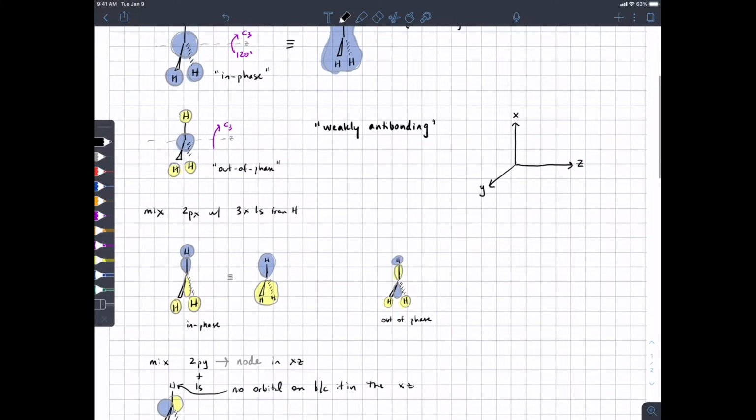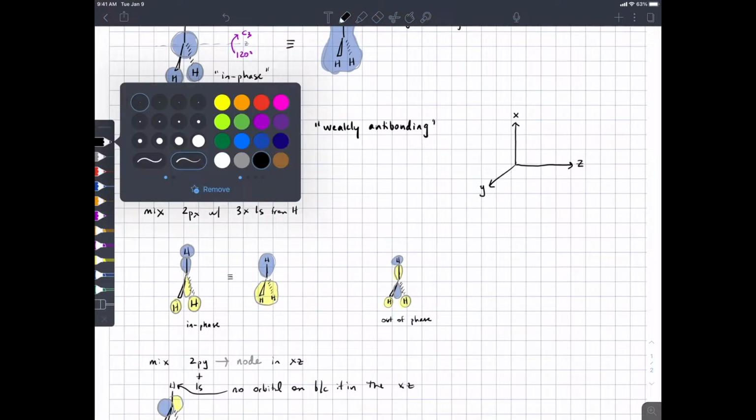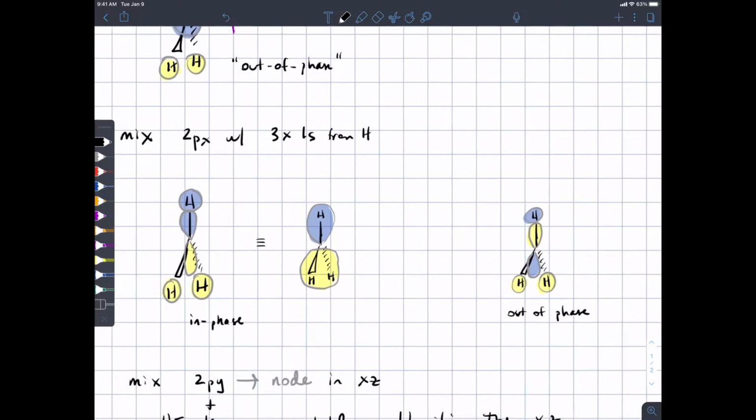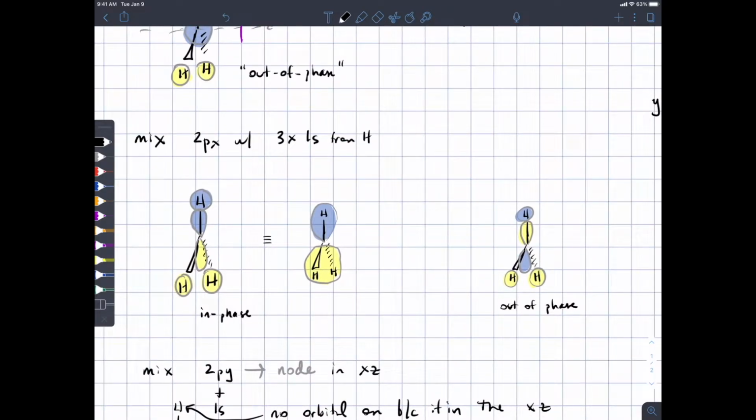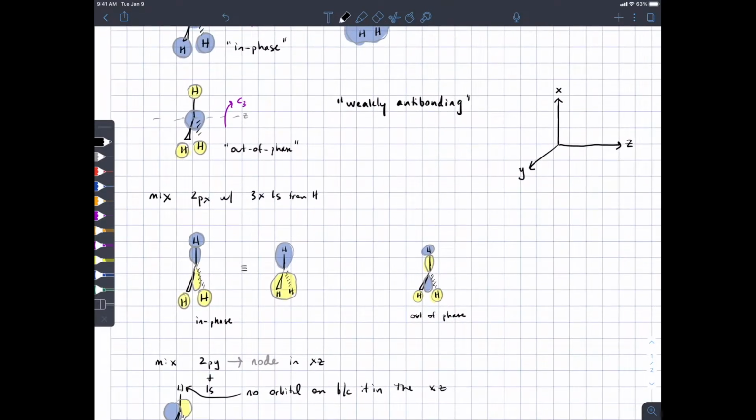All right. So our next option was to combine one of the p orbitals, in this case the 2px, with the 1s orbitals from hydrogen. Based on our coordinate system, the x-axis is just up and down. So 2px happens to coincide with the bond between carbon and this hydrogen up here.